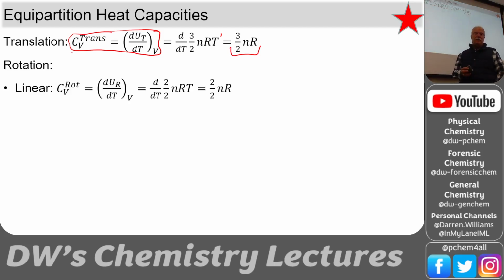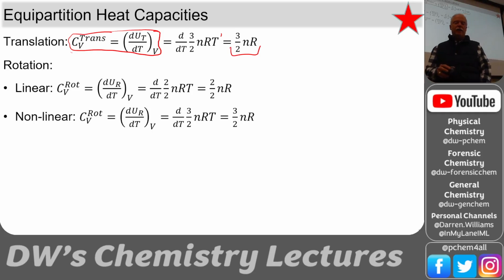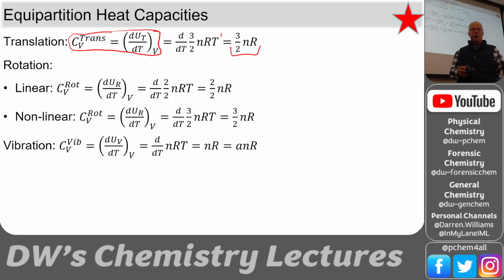Okay. And the rotation, same thing. Only this for a linear molecule is the derivative of 2/2 nRT, so it's 2/2 nR. I'm leaving the halves on there because we're going to add them all up, and we have these units of nR. And then the nonlinear would be 3/2 nR. And then for every vibration, I've added an A in here. That's just the number of active modes.